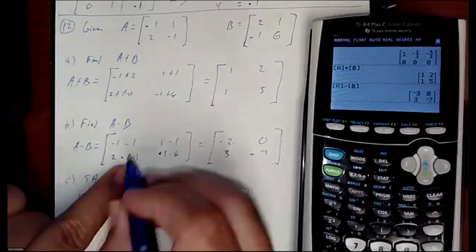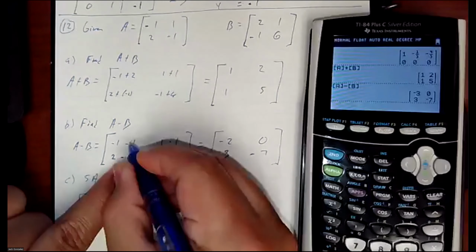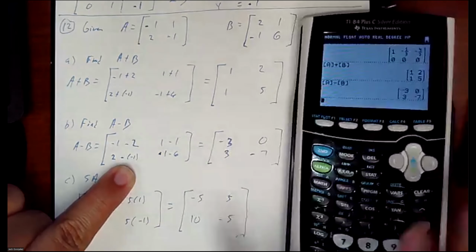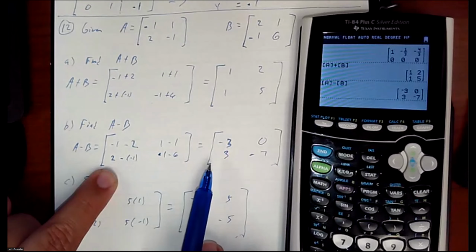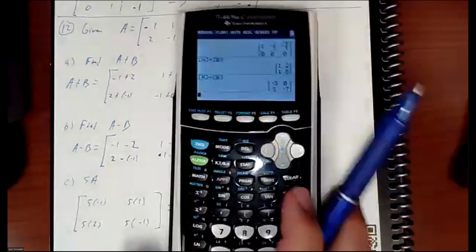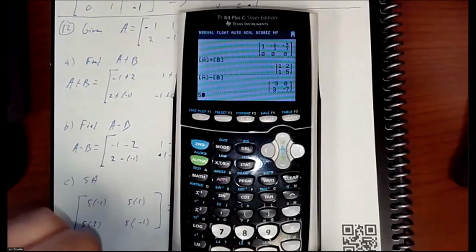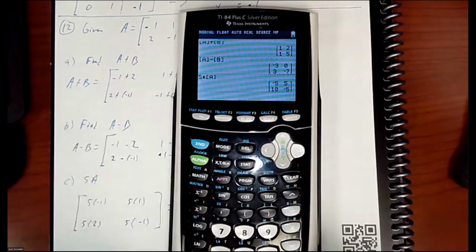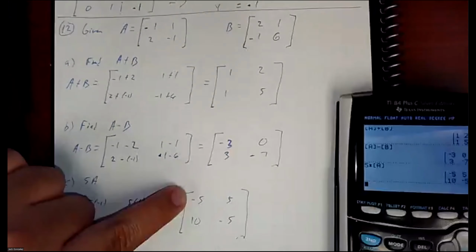Oh, I made a mistake. That should have been -2. The rest are good. You can also do 5 times A, and that's what we got.